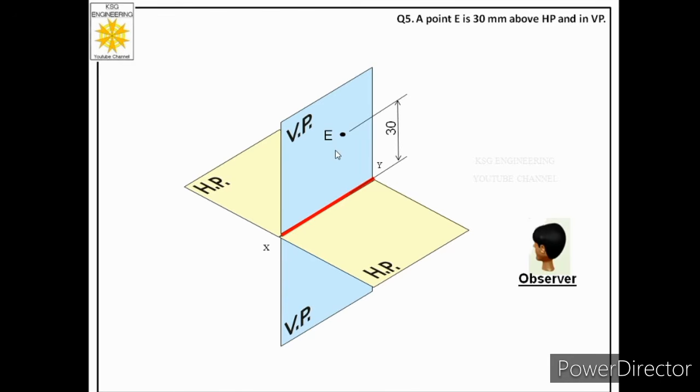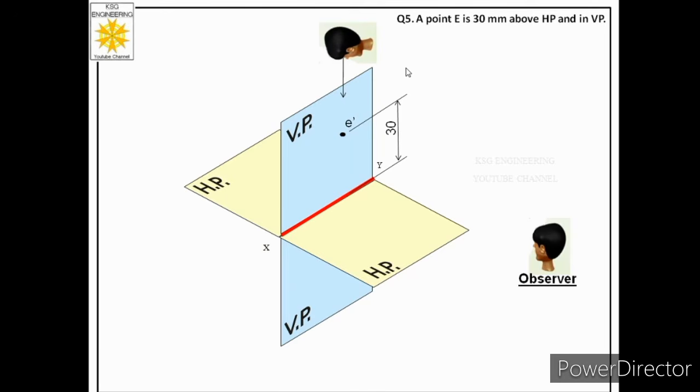Now for this situation, if we have to draw the front view, then rays of sight from the eyes of the observer will strike the point, and the point itself will be its front view. We will label that view with the small letter E dash. Now if we have to draw the top view of this point, then the observer will change his position and look at the point from the top.